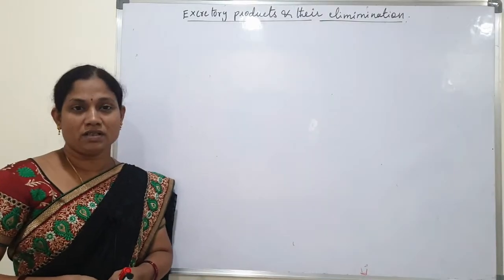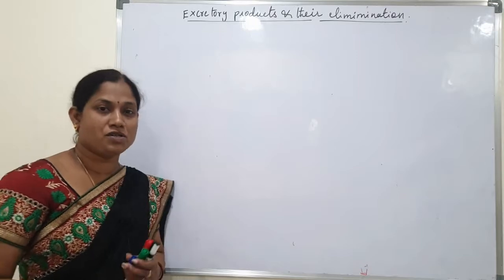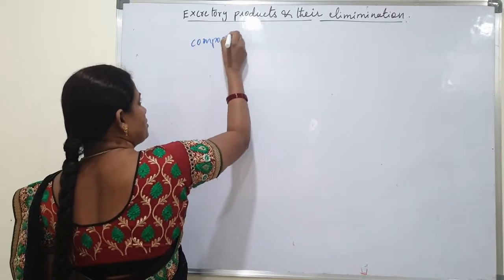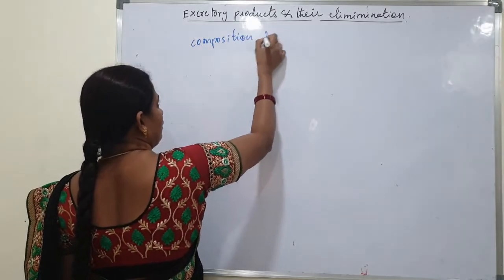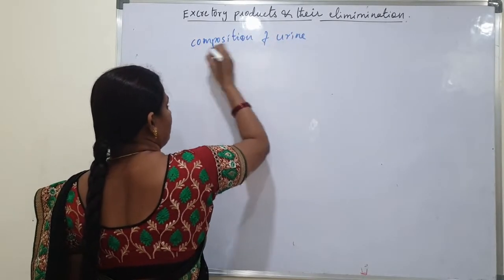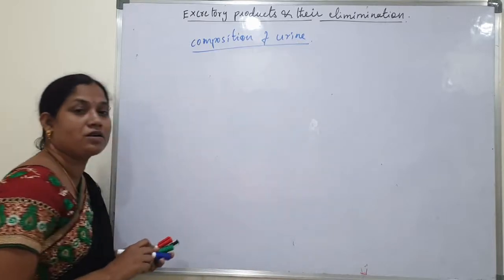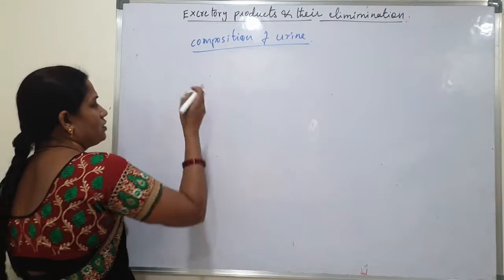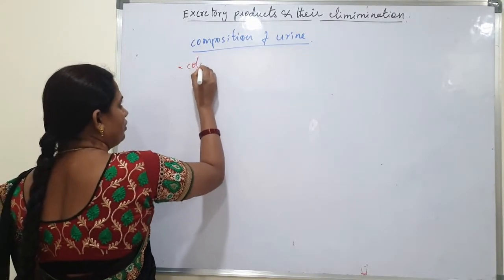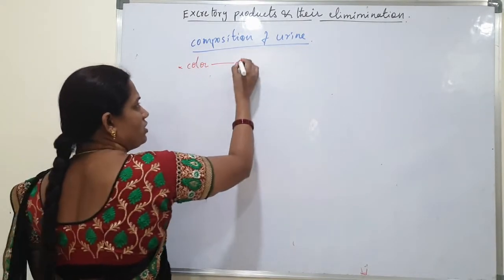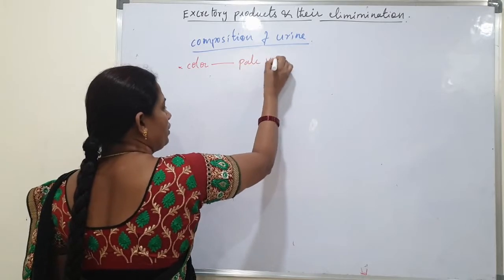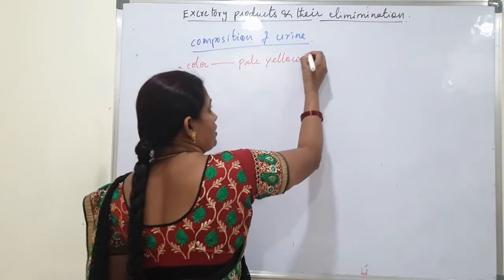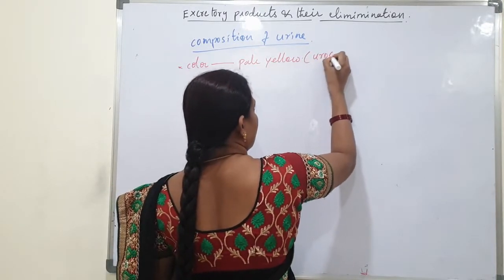Next we will discuss the composition of urine. What components are present in the urine? First of all, the color of the urine. Generally it is pale yellow in color, due to the presence of urochrome pigment.